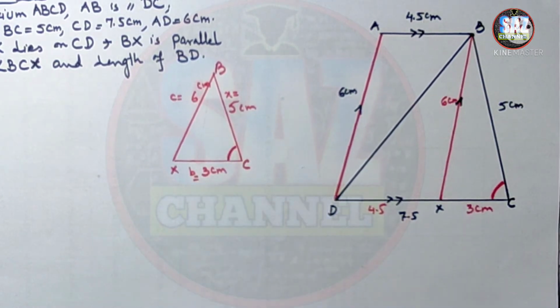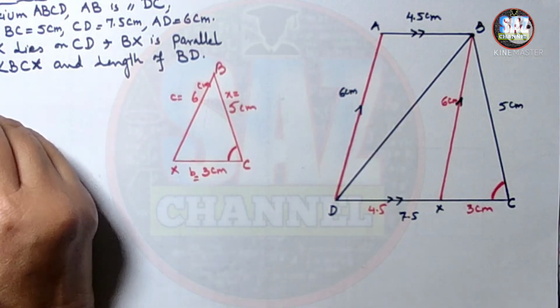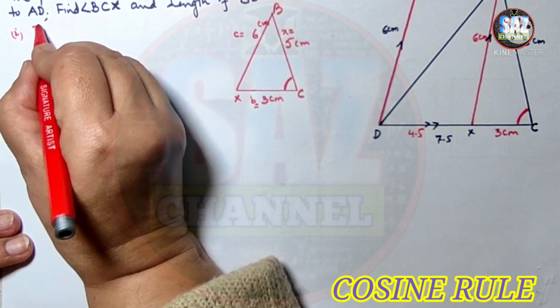So we are given 3 lengths only, so we have to apply cosine law in triangle BCX.